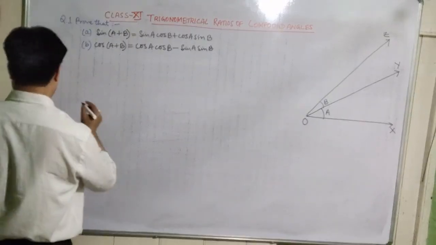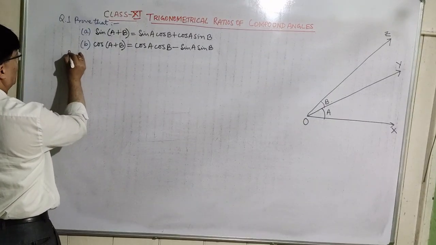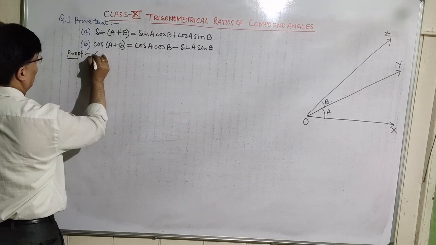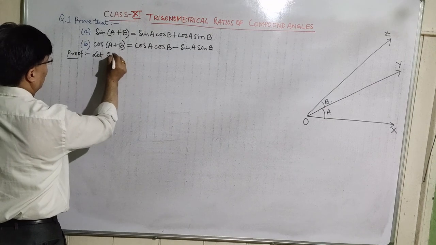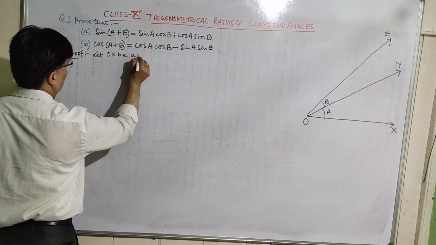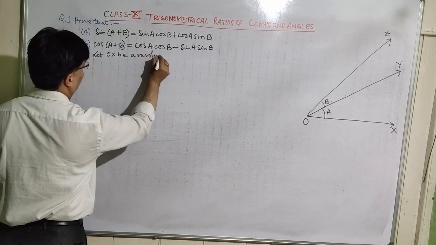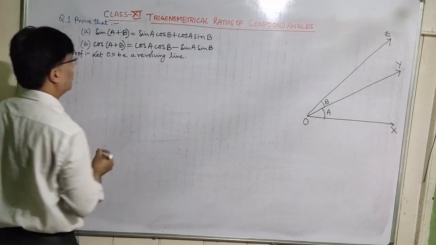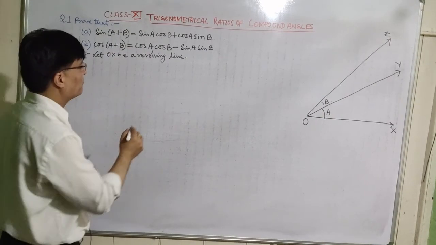So let us write here. So this is the proof. Let OX be a revolving line.